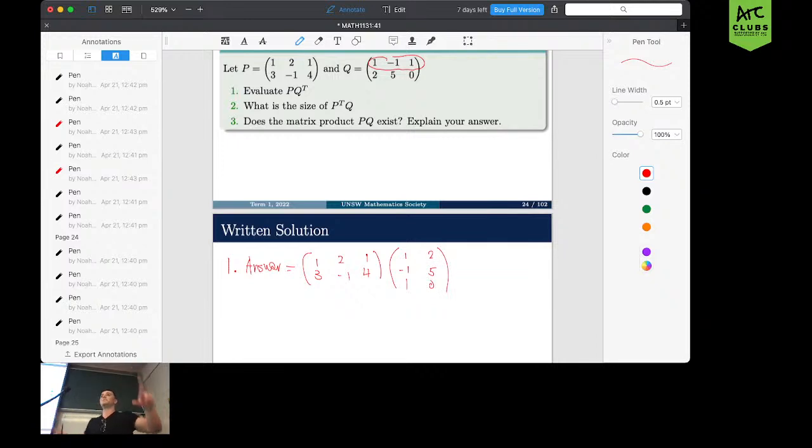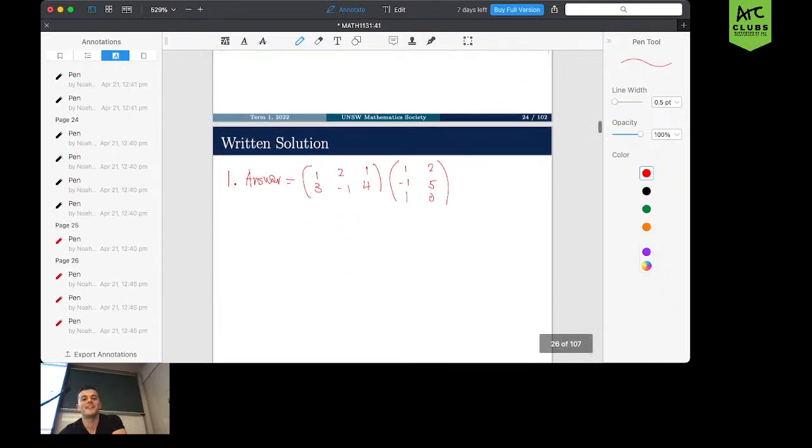Okay. What's the dimension of this new matrix? One of you guys. So what's the dimension of our answer matrix? Is it a 3x3 or a 2x2? Literally just someone scream it out. 2x2. Good. Okay, let's find out why. So here we have 2 rows by 3 columns, so this is a 2x3. And this is 3 rows, 2 columns, right?